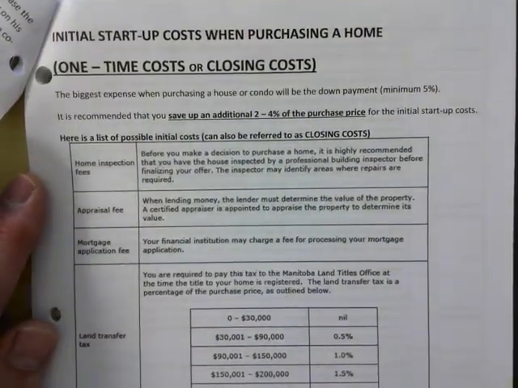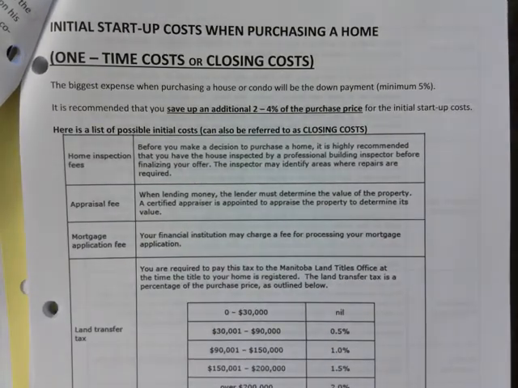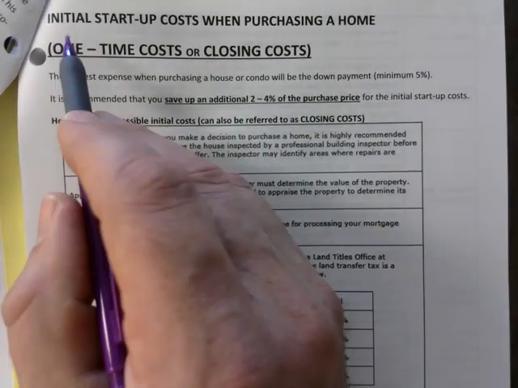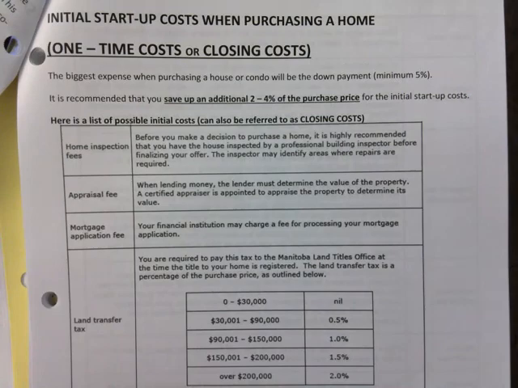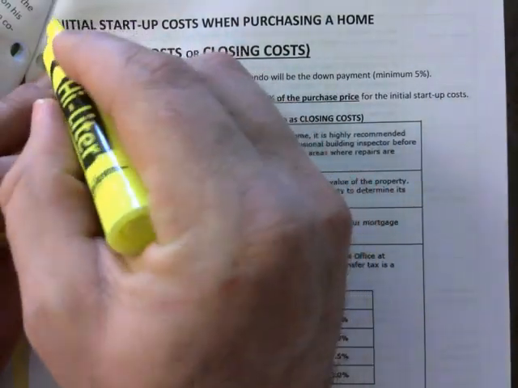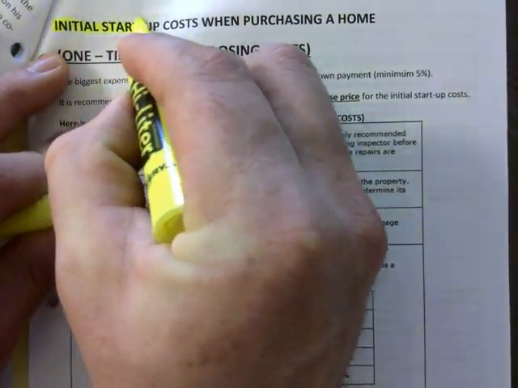This is important, but right now I want to go straight to calculating a mortgage. But if you go to page 18, watch this. I'm just going to highlight a few things because they all mean the same thing. The initial startup cost.